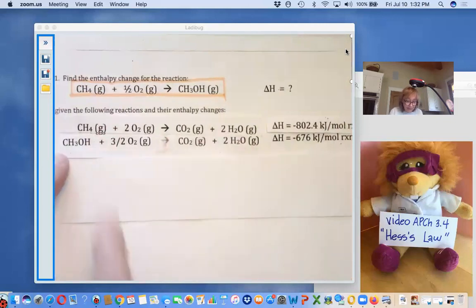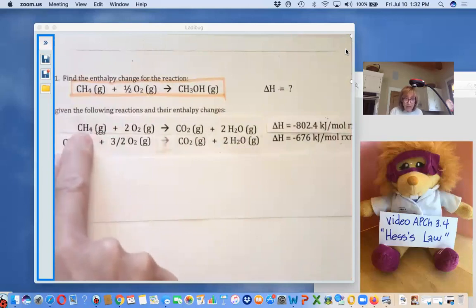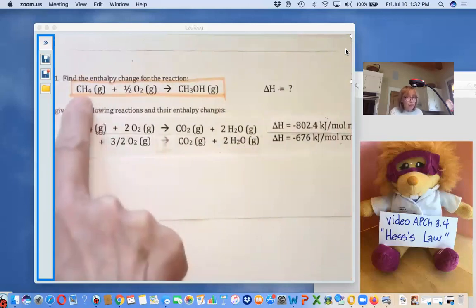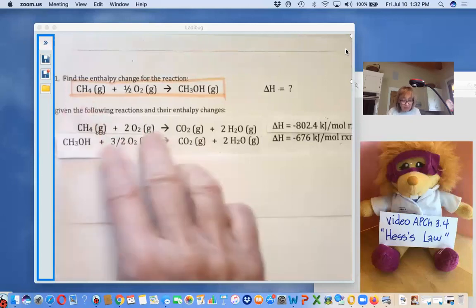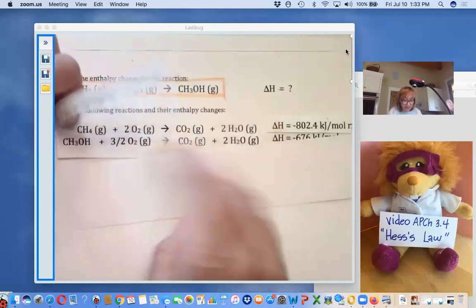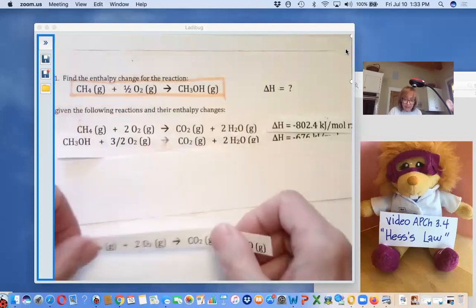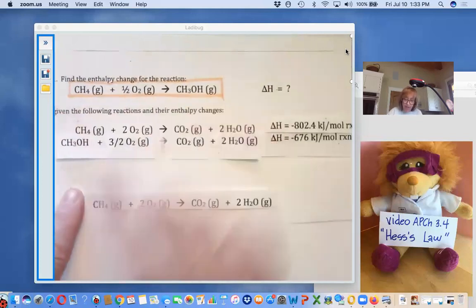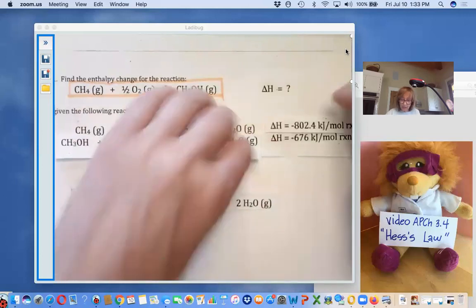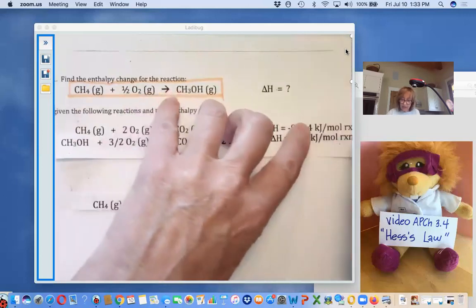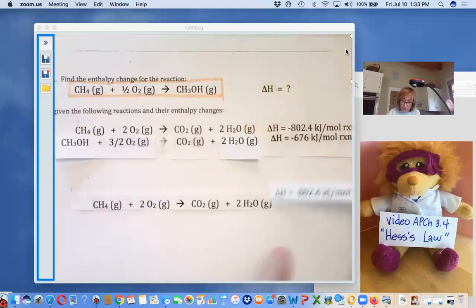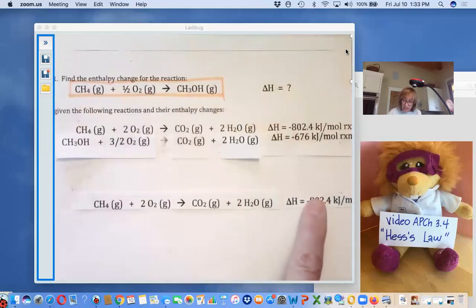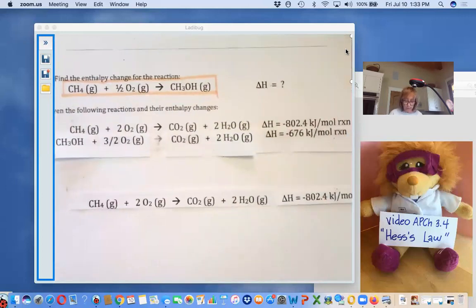And I see that this first one also has methane as a reactant. I want to end up with methane as a reactant. So I'm going to take this first one exactly as it is. I'm going to put it right here, and I know its value of delta H. It has an enthalpy change of negative 802.4. Okay.